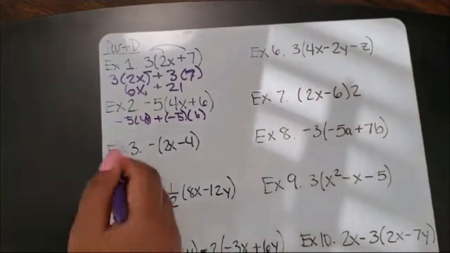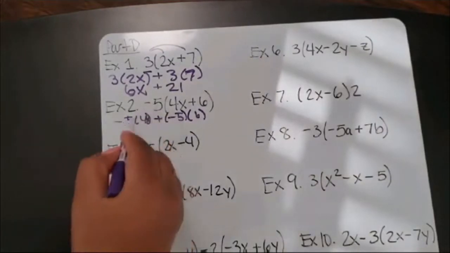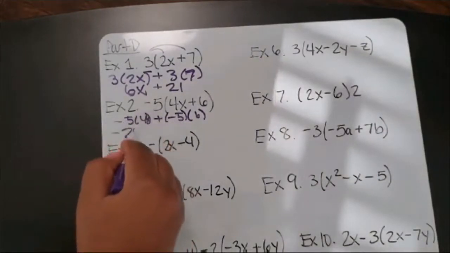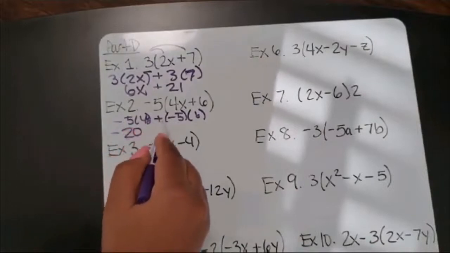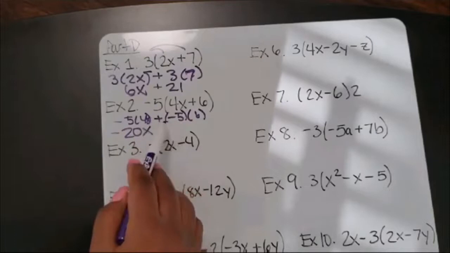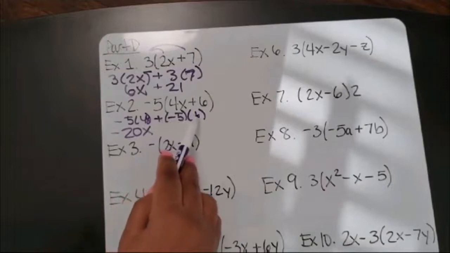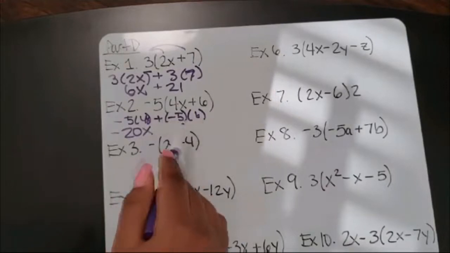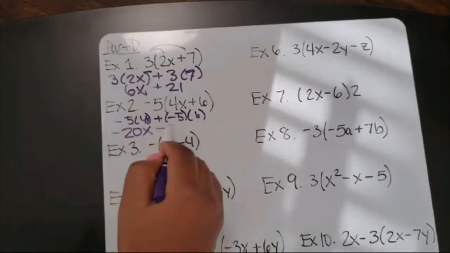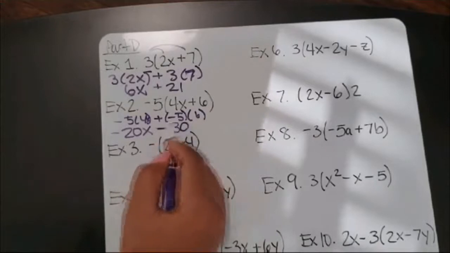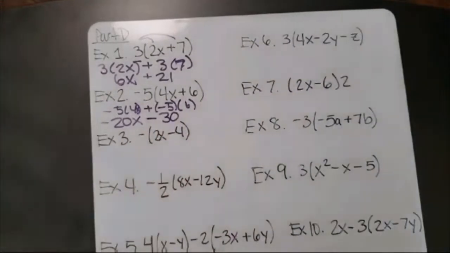So -5 times 4x, we got -5 times 4, which is -20, and we keep our x. And then we have plus, but we have -5 times 6, which is -30. All right.